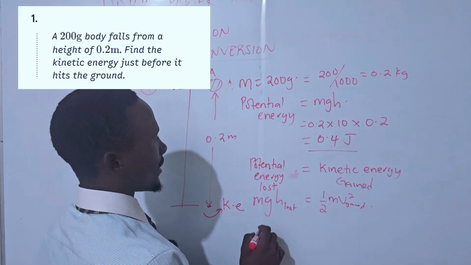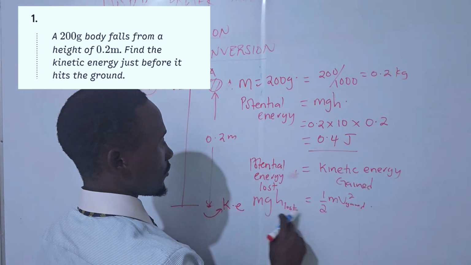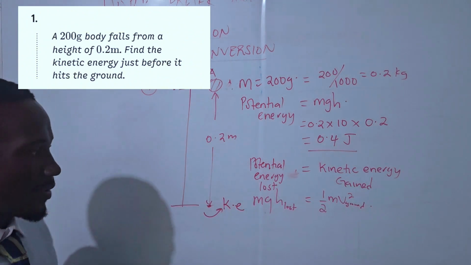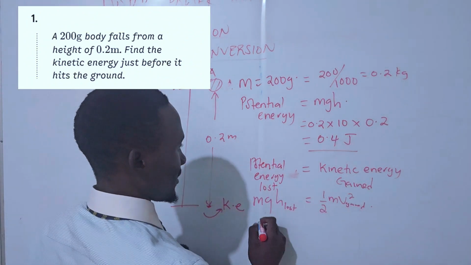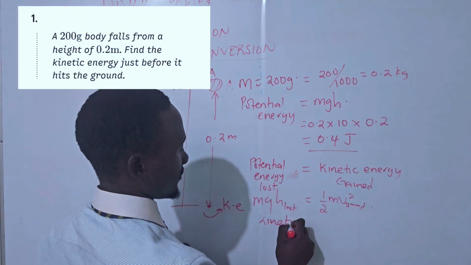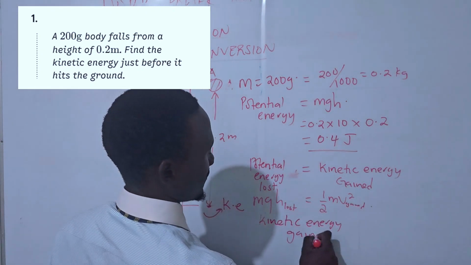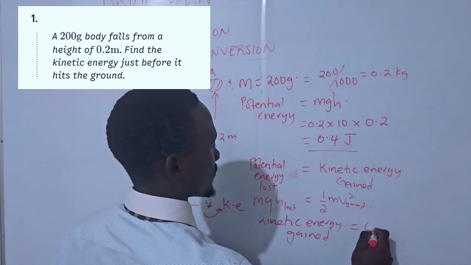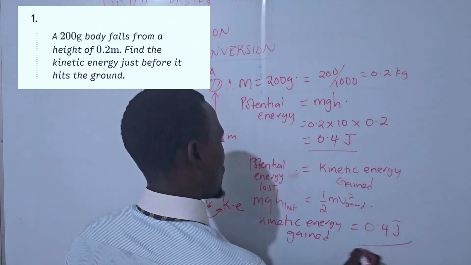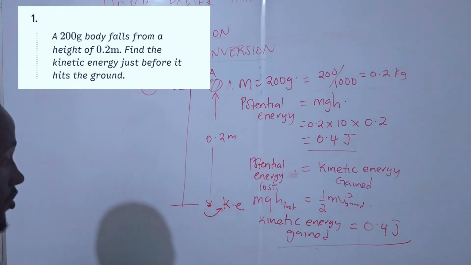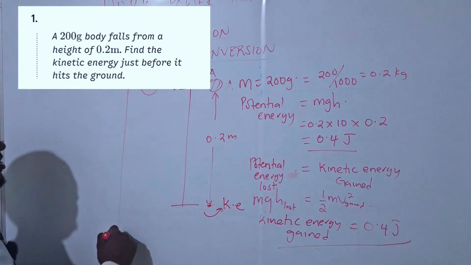So this is the mass. The whole of this is 0.4. So what does that tell us? That the kinetic energy gained is the same as the potential energy lost, which is 0.4 joules. That is question 1. Let's look at example 2.